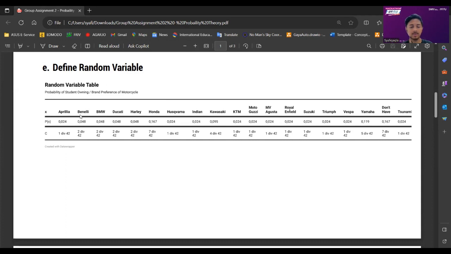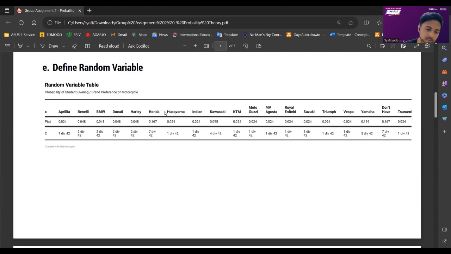BMW is the same as Benelli, and Ducati and Harley as well. So for Benelli, BMW, Ducati, and Harley, we have 2 respondents out of 42.